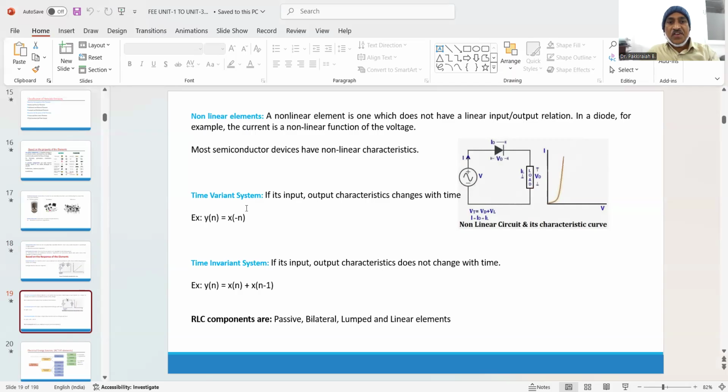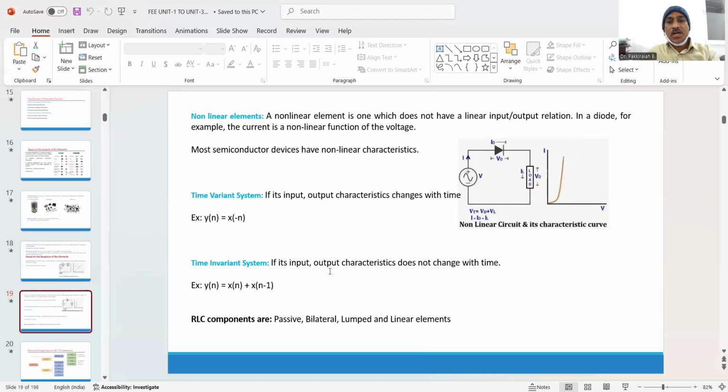Then time variant elements: if the output characteristic changes with time, if they are varying with time, those elements we call time variant elements.